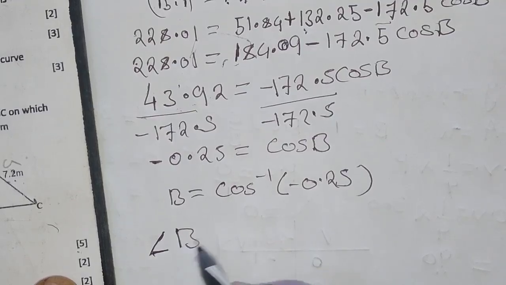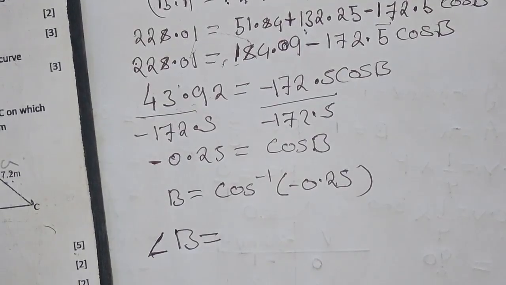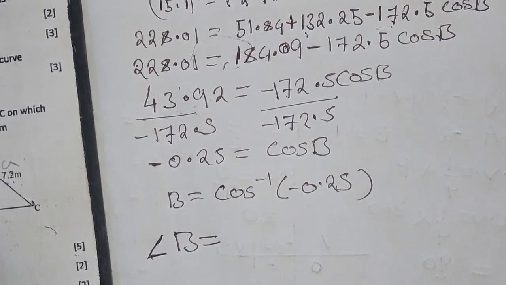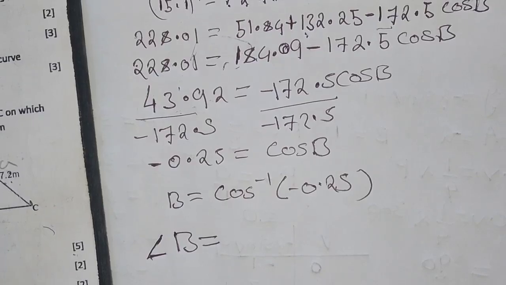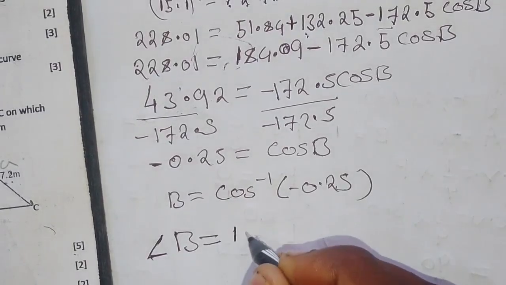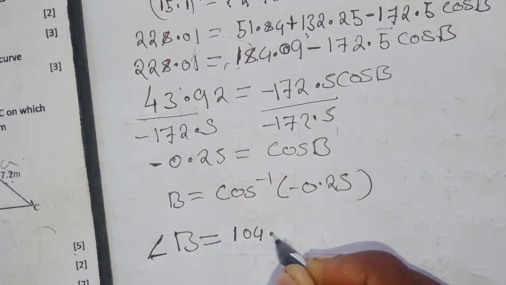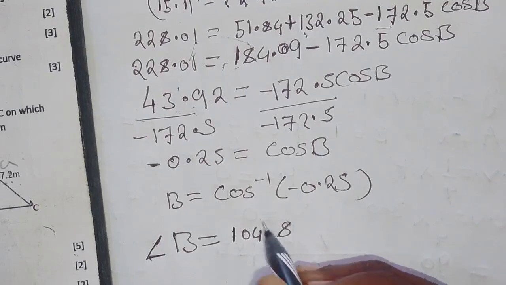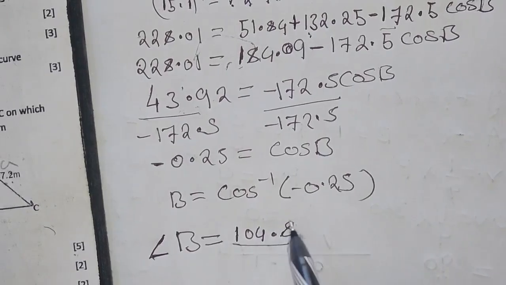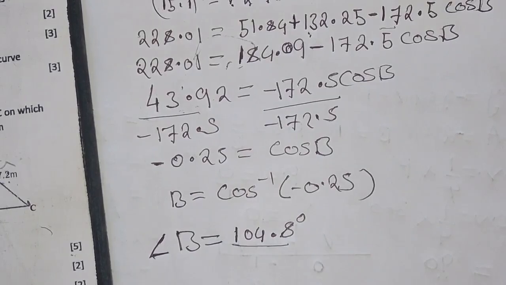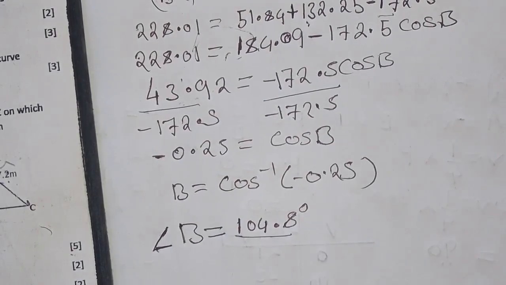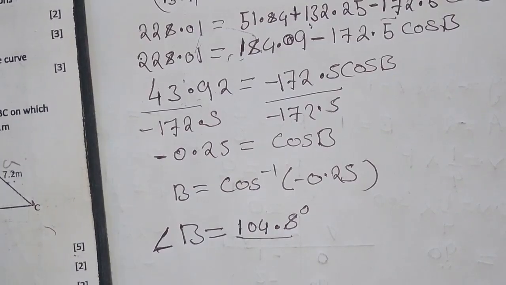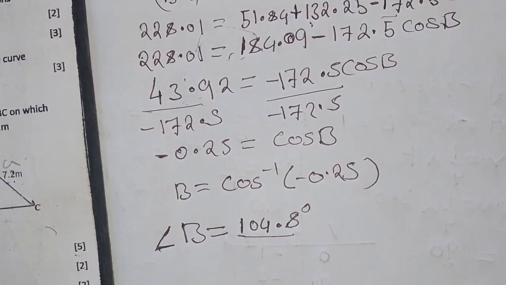Angle B is equal to cos inverse of negative 0.25. It will give you 104.8 degrees. So this is angle B. Angle B is 104.80 degrees.